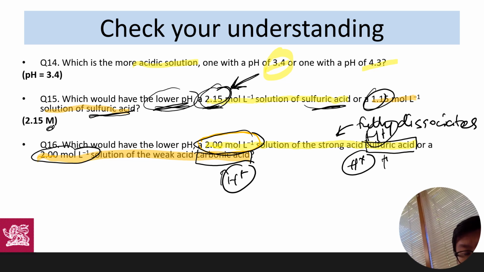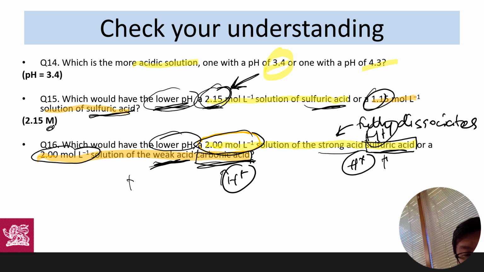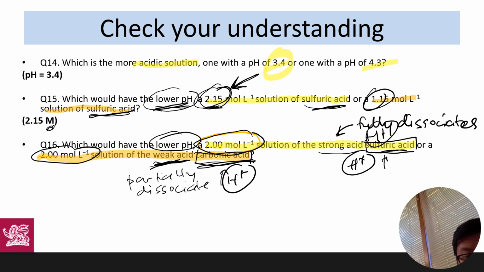And because sulfuric acid, being a strong acid, would donate all of its protons in comparison to carbonic acid, which is a known weak acid, that automatically tells us that the sulfuric acid is the one that would have a lower pH. Because weak acids partially dissociate their protons.